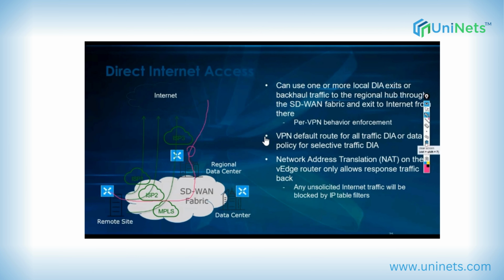Now, in the distributed way, since we are deploying internet everywhere, the option is to do direct internet access. So our traffic can go out by the local internet, and it doesn't matter how many ISPs we have. The same internet can be used by the SD-WAN fabric, which is an overlay, and also for your DIA.